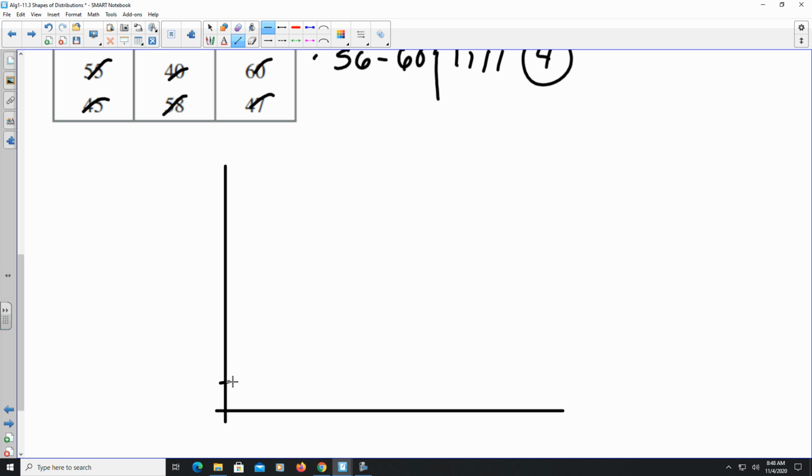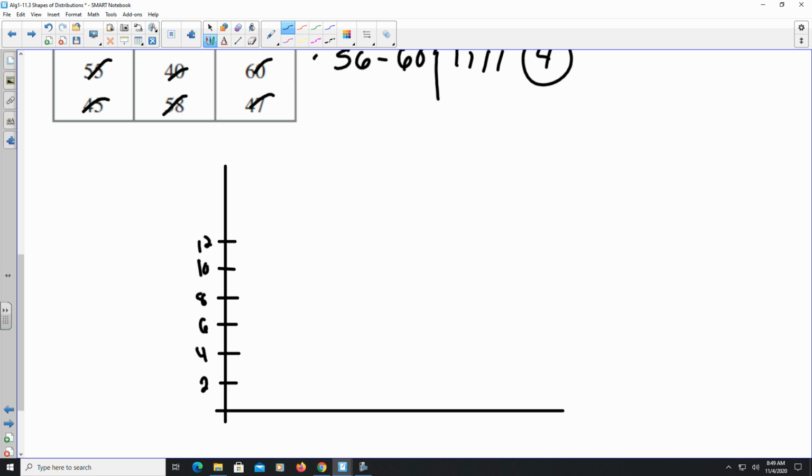So we'll go 2, 4, 6, 8, 10, 12. All right. I believe that's pretty even. All right. Let's see if I can straighten that one out. Okay, cool. So 2, 4, 6, 8, 10, 12.